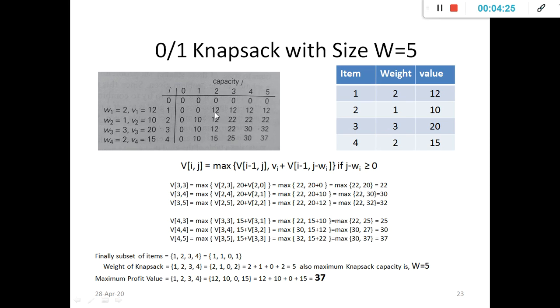When there is only one object in the knapsack, you get the maximum profit of 12, because it is the profit of object 1 with weight 2. That's why the maximum profit here is 12.